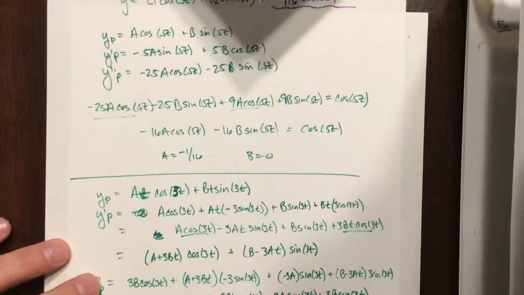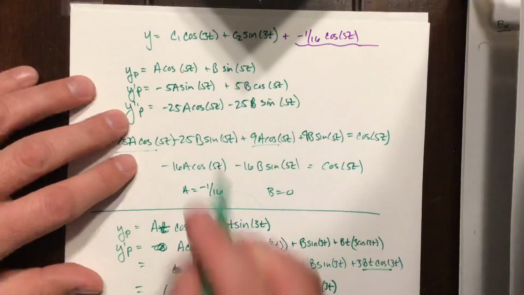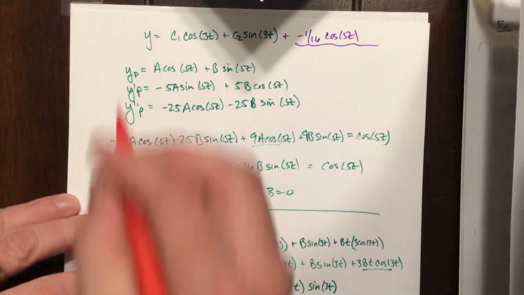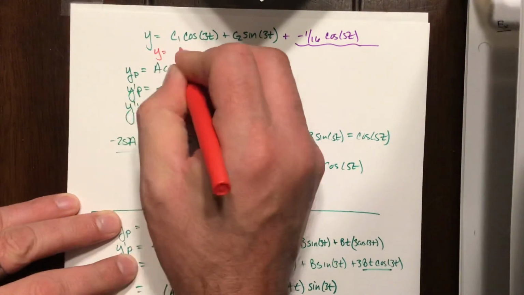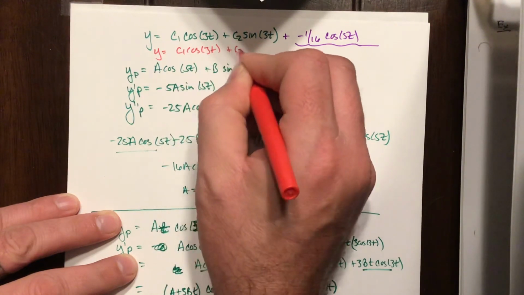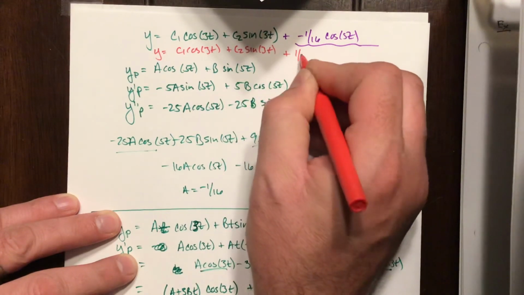So our solution to the second differential equation, I'll write it in red. y equals c1 cosine 3t plus c2 sine 3t plus 1/6 t sine 3t.